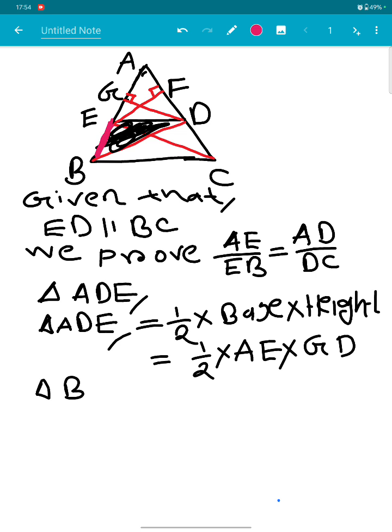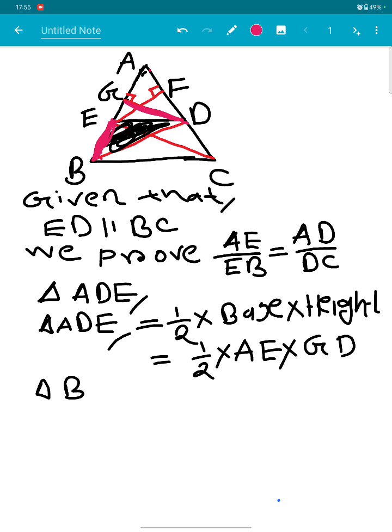Because DG is the height perpendicular to the line BE, and BE and AB are the same line. That's why DG is perpendicular to AB. So DG is the height of triangle DEB.